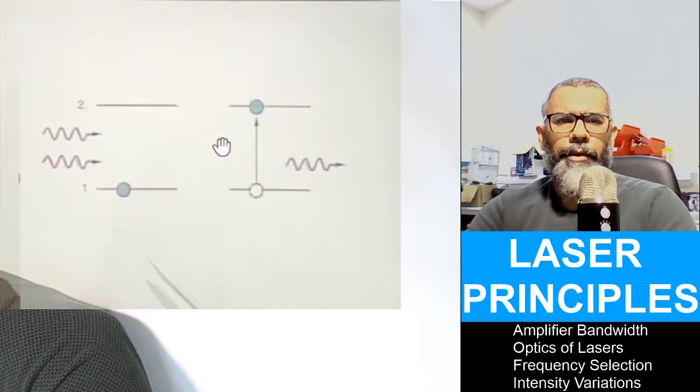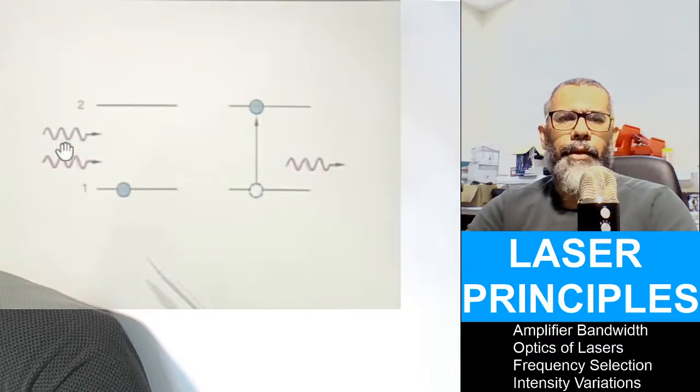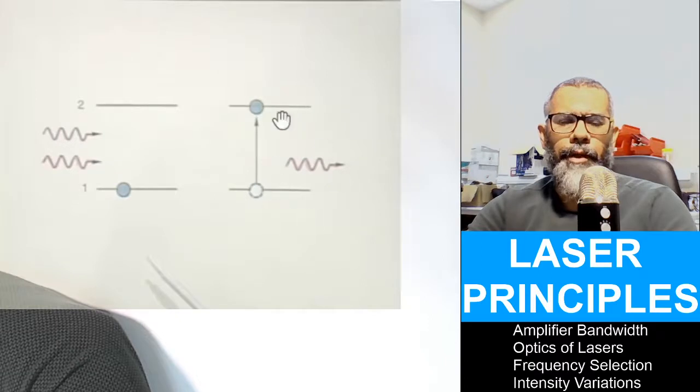What happens over here is that you see 2 pictures. This is the first picture, this is the second picture. In the first picture, we have 2 photons and we have 1 atom.